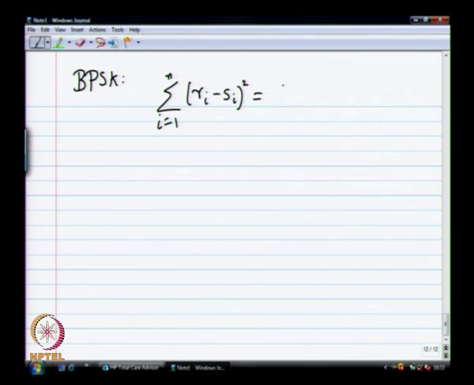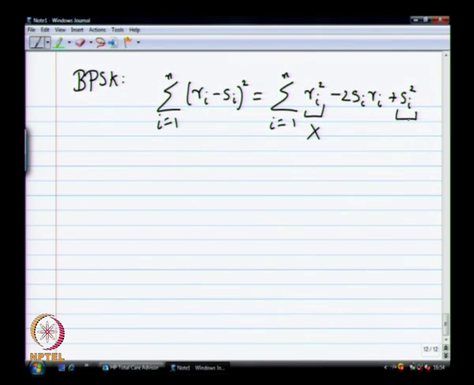This is summation i equals 1 to n of Ri squared minus 2 Si Ri plus Si squared. So far I have still not used any BPSK knowledge. Now I am trying to optimize over all possible vectors S. The first term here is not going to be affected by changing S, so I can drop it from my calculation.